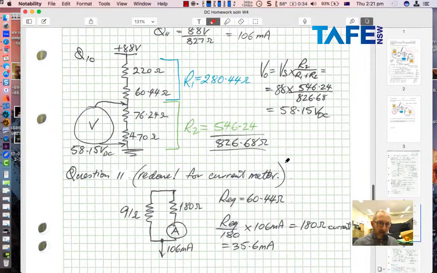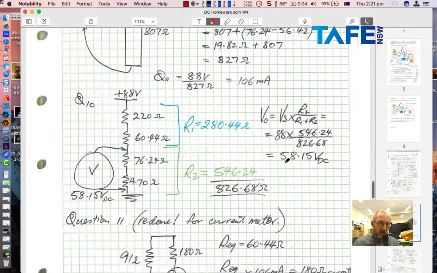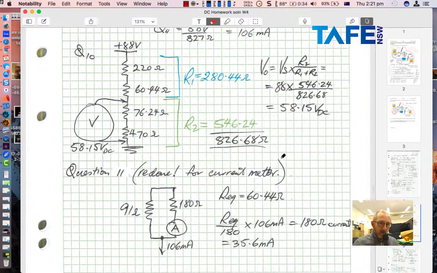Question 10. Question 10 says, what's the voltage going to be across that new resistor? Well, again, I've made the mistake. I've gone a bit cross-eyed or something there, and I've looked at the circuit and I've put the meter between that point and that point. Not a big difference.